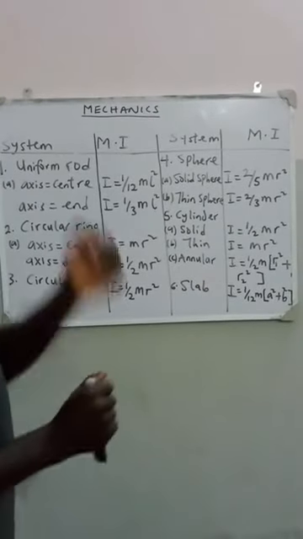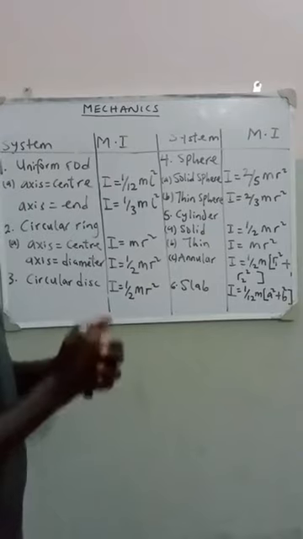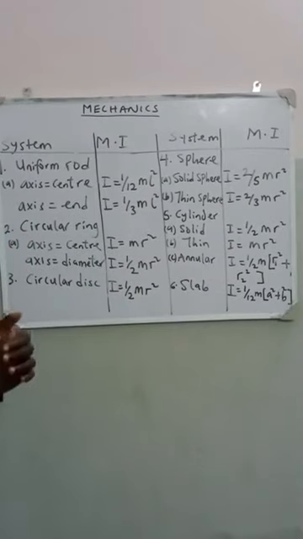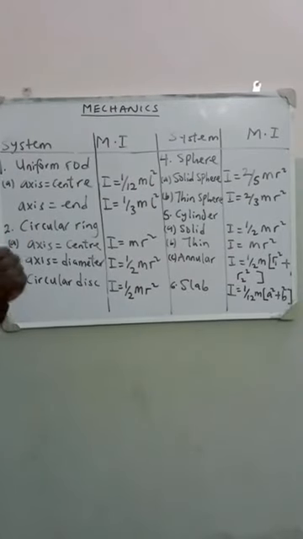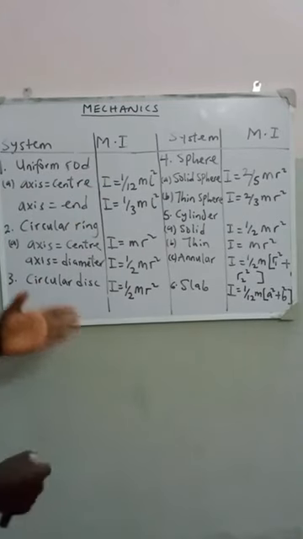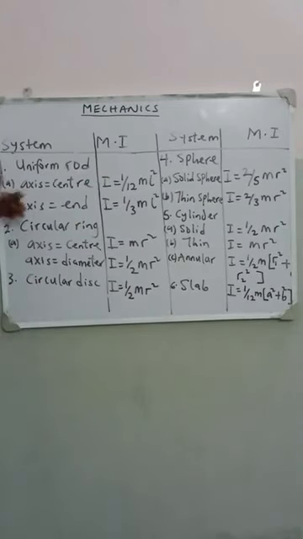So, for continuous distribution of particle, we can see that we have different examples here, different systems with their moment of inertia. For the first one, in the case of uniform rod, when the system is a uniform rod, what happens to the moment of inertia? Let's look at this.